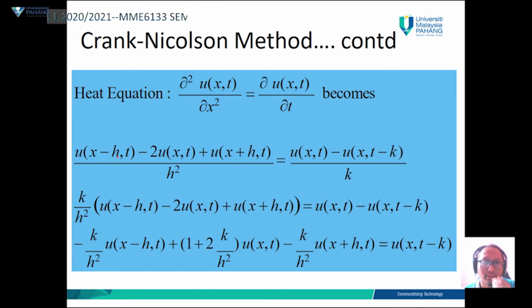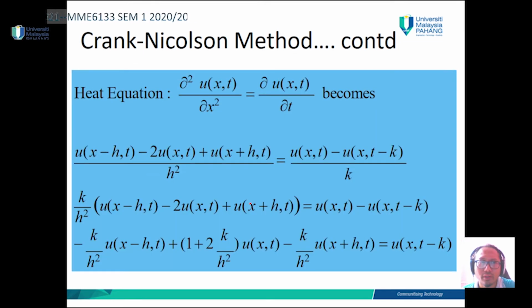u(x minus h, t) minus 2u(x,t) plus u(x plus h, t). So we know that x minus h and x plus h will be next to each other, where x will be in between, and then u(x,t) minus u(x, t minus k) over k.